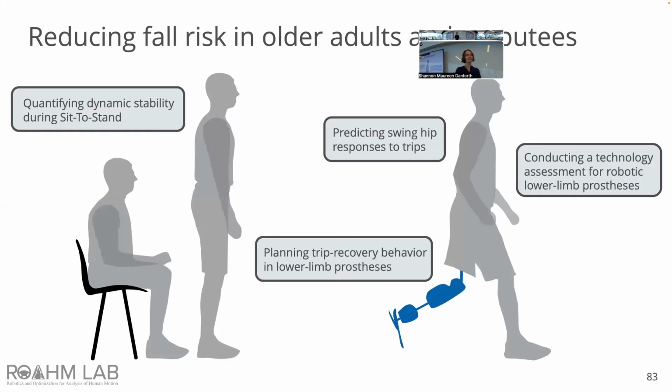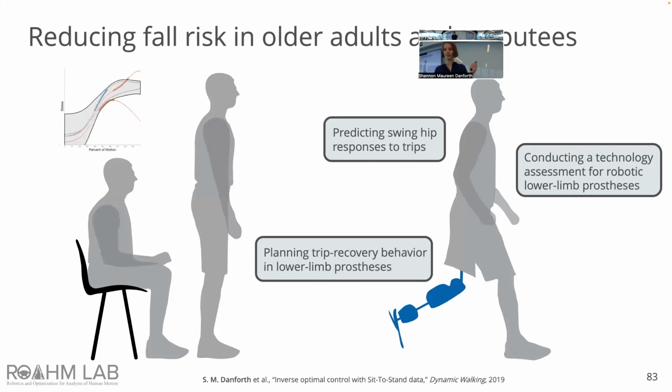So in summary, my dissertation aims to reduce fall risk in older adults and amputees. And in order to assess stability during sit-to-stand, we proposed stability basins to characterize dynamic stability throughout the sit-to-stand motion.